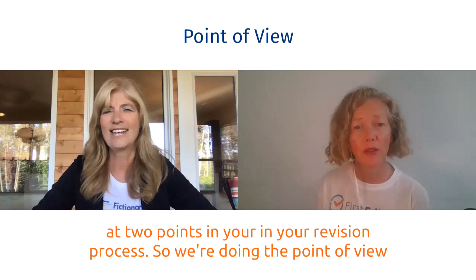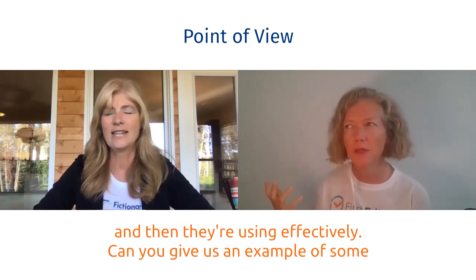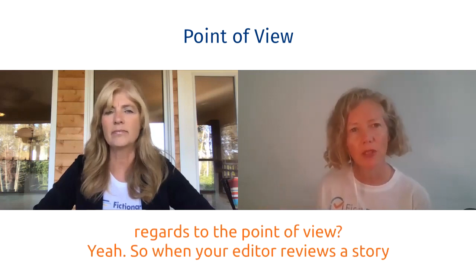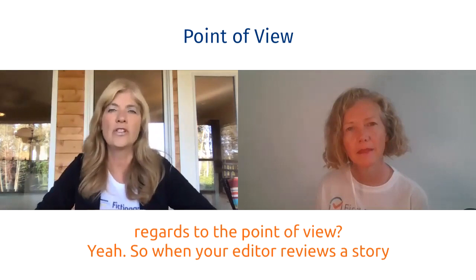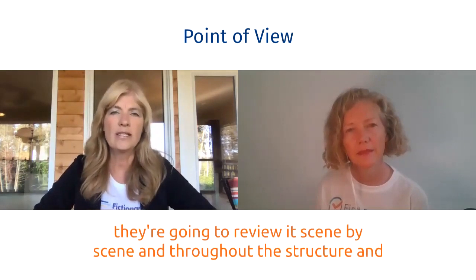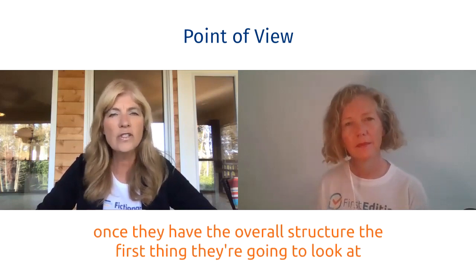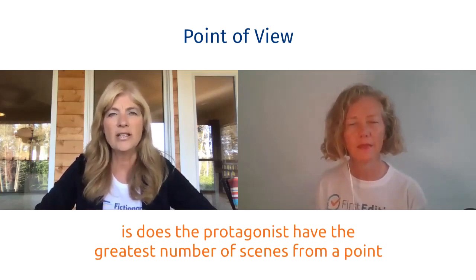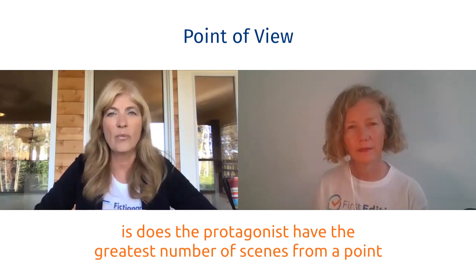So we're doing the point of view and using it effectively. Can you give us an example of some advice that a writer might receive from an editor in regards to the point of view? Yeah, so when your editor reviews a story, they're going to review it scene by scene and throughout the structure. And once they have the overall structure, the first thing they're going to look at is, does the protagonist have the greatest number of scenes for point of view?